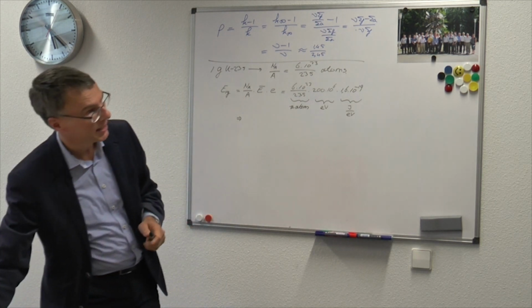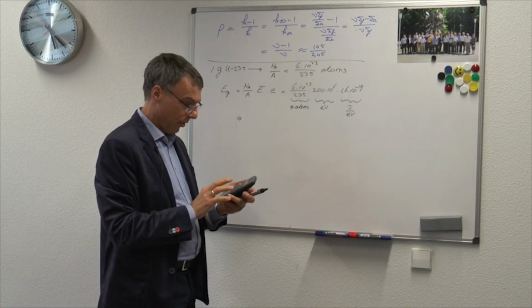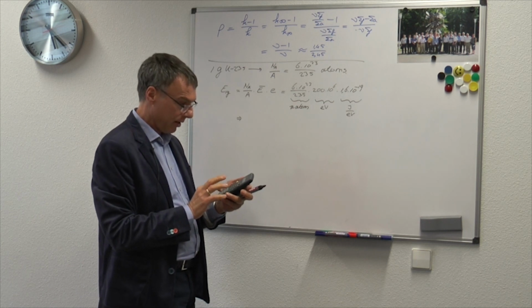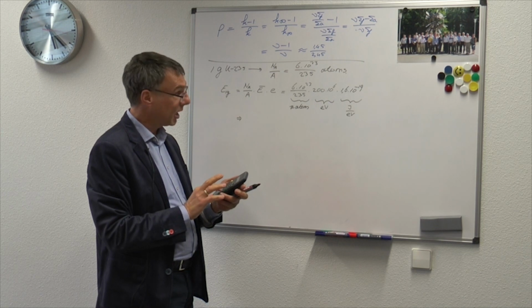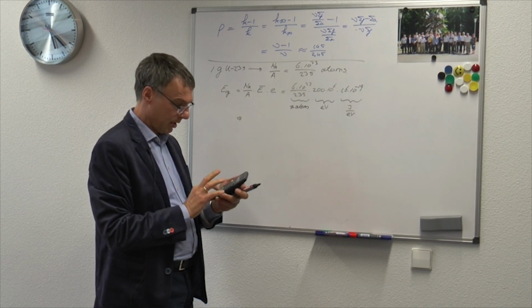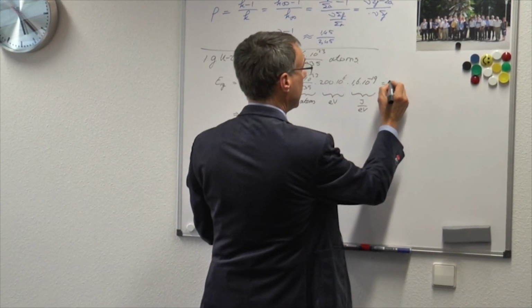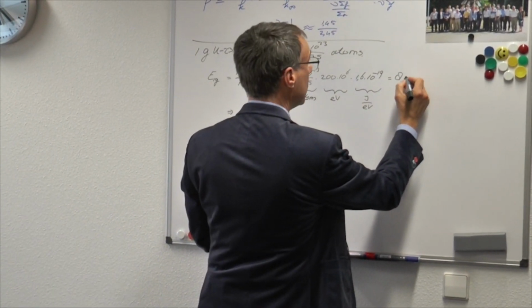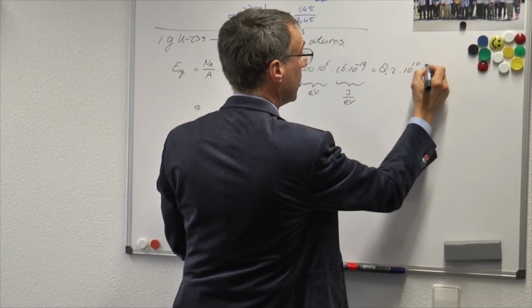Let me first calculate on my calculator what this is. 6E23 divided by 235 times 200E6 times 1.6E-19. So this is 1.2 times 10 to the 10th joule.